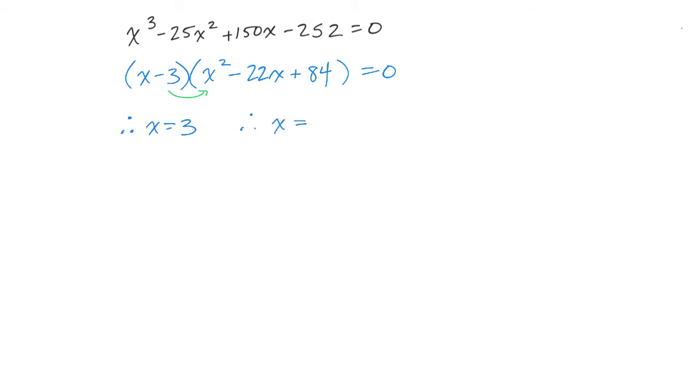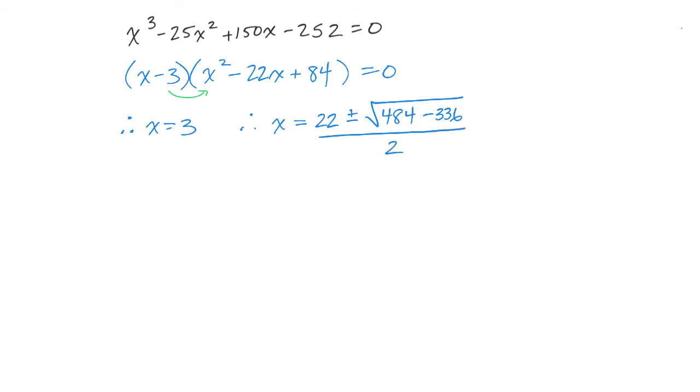So my x equals negative b plus or minus the square root of, well, now I got to calculate 22 squared, so that's a 484, minus 4 times a times c. So I have my 4 times 84, so 4 times 80 is 320, 4 times 4 is 16, so that's a 336, all over 2.